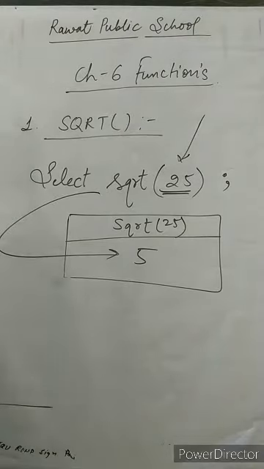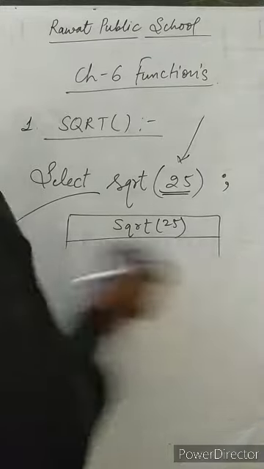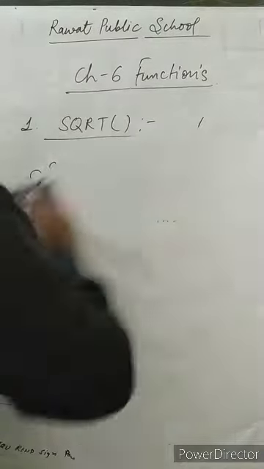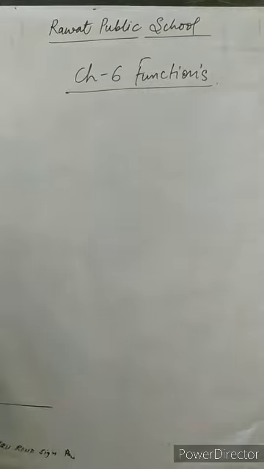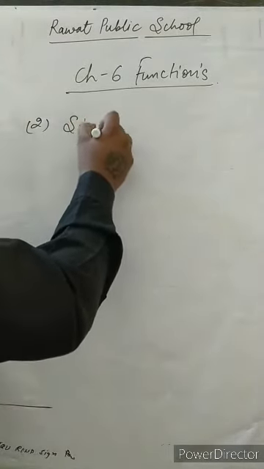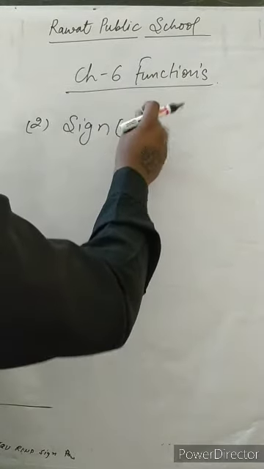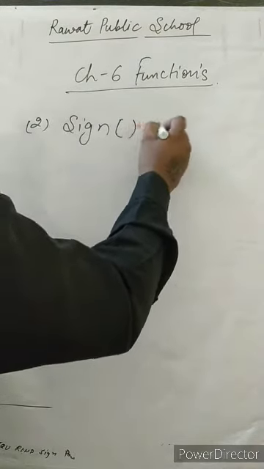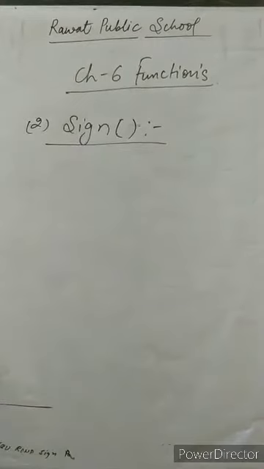Okay students, now I am introducing the second function, that is the Sign function. Students, the Sign function is a very special function which tells you the sign, that is whether a particular value is positive, negative or zero. If a value is positive, it is always above zero.